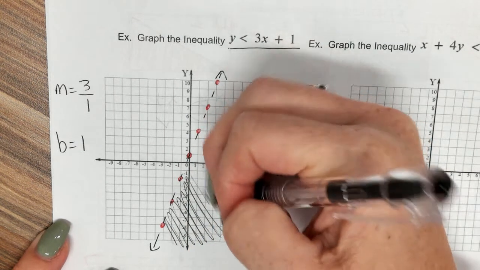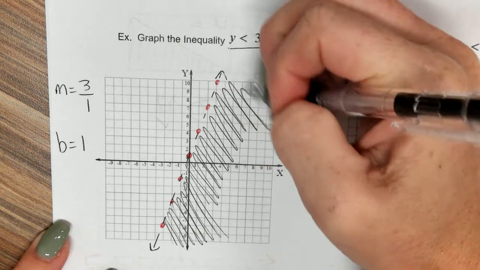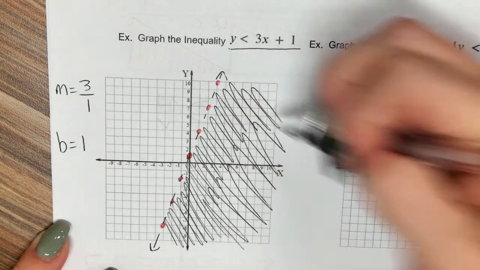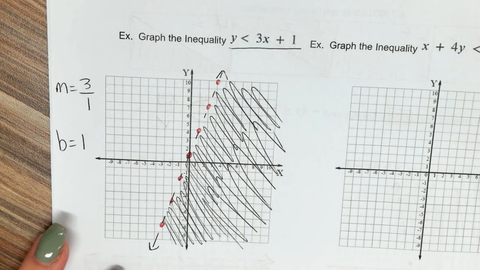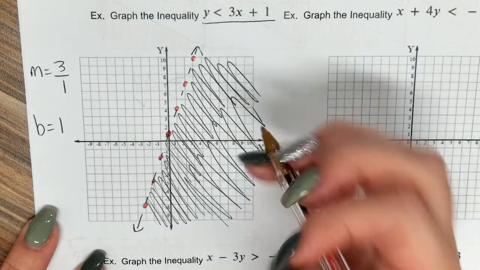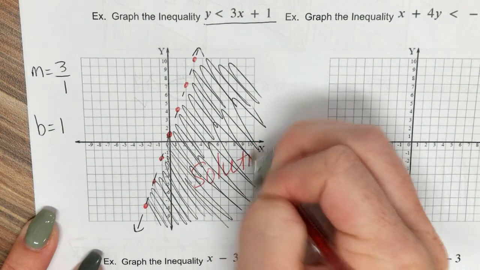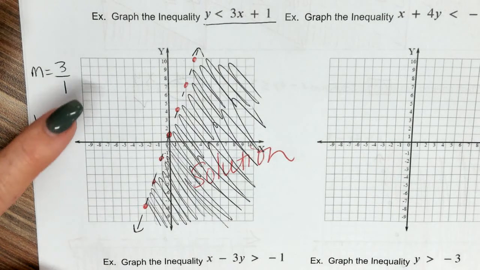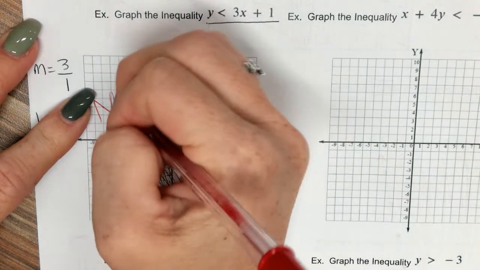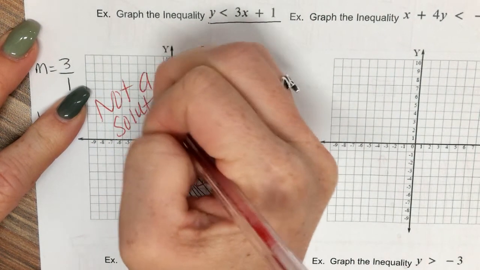Yes, it kind of looks like it's to the right, but it's going below the line. So everything over here is a what? Solution. Everything over here is not a solution.